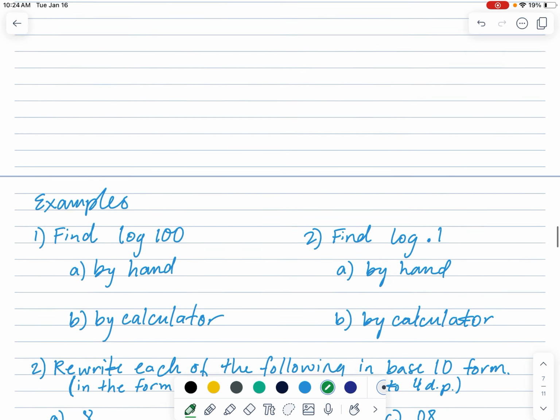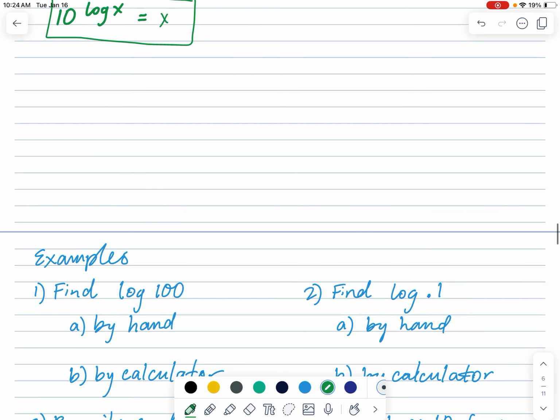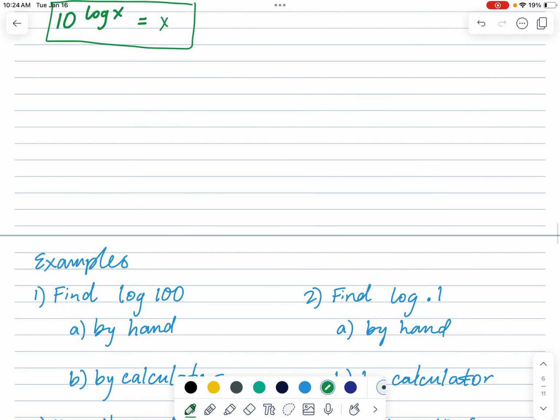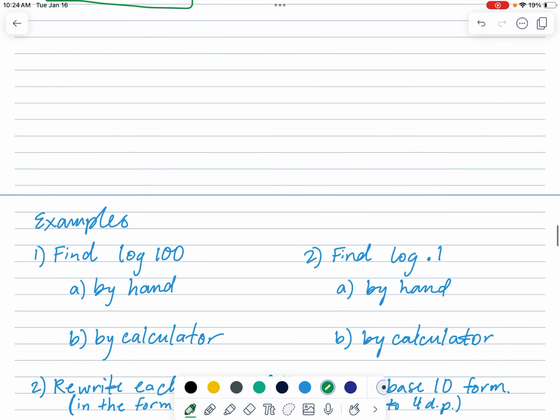We're going to look at now some examples of applying these. So firstly, we're going to start with example 1, find log 100 by hand and by calculator. So log 100 by hand, we're going to use the idea from the last thing we just saw, that the log base 10 of 10 to the x equals x.